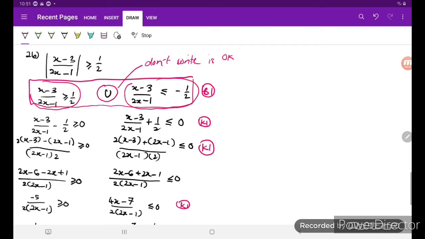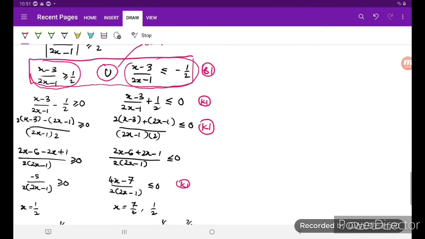Next is K1. K1 is either one, when you bring to the other side. And then another K1 is also either one. You don't have to do both. It is when you take the common denominator.